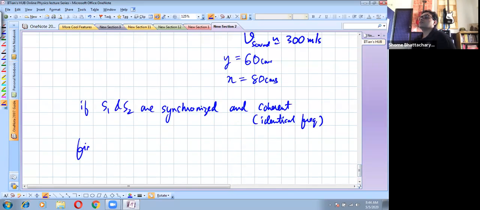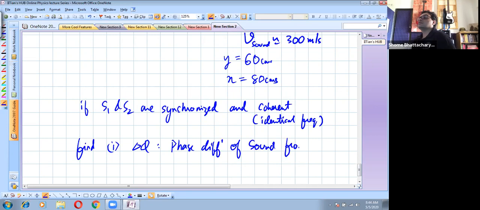Find the phase difference of sound from S1 and S2 at the position of the detector.